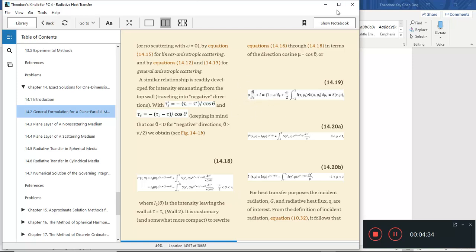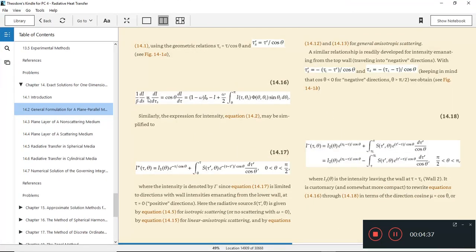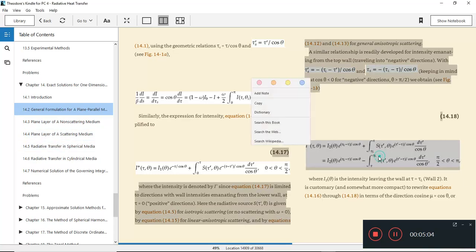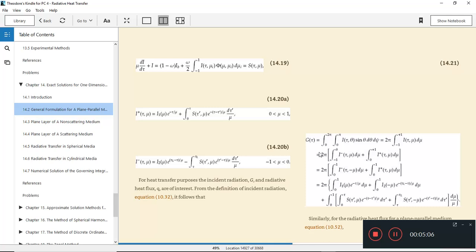Sometimes dealing with so much algebra is difficult. Take a look, this is what the solution looks like, equation 14.18. You see I minus, I2, all these funny symbols, and it can get really difficult to catch on to what is going on physically, especially when you have so many symbols to consider.